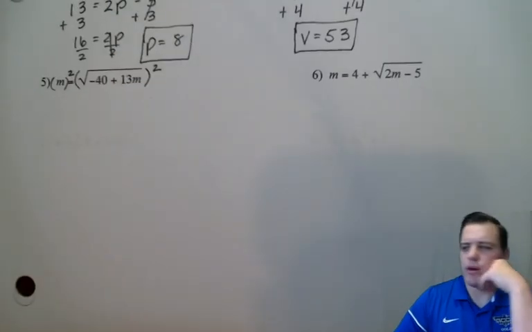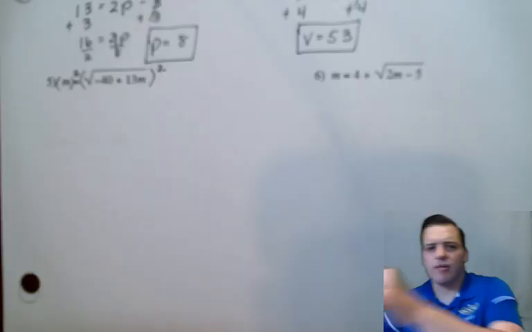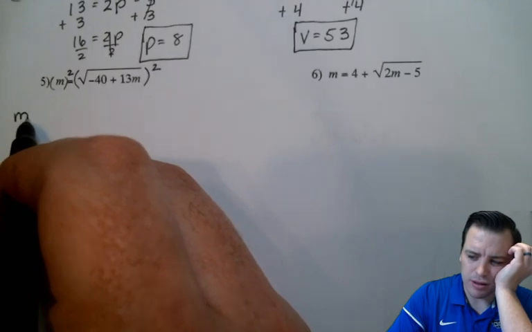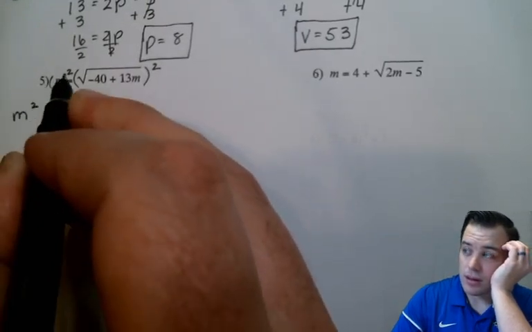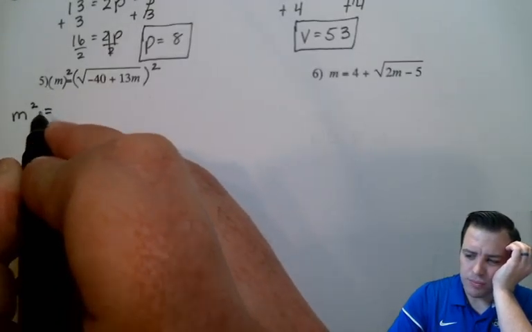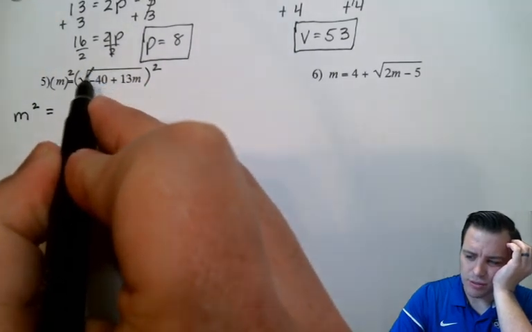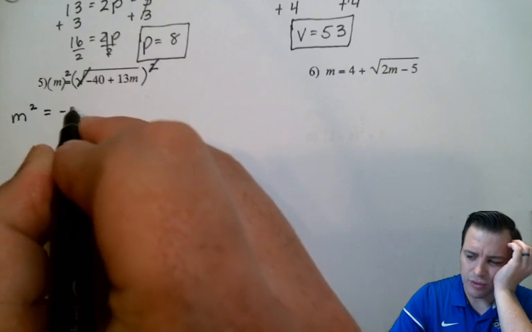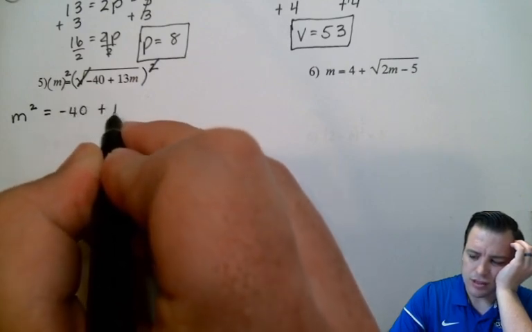So what I'm left with on the left side would just be m squared is equal to, and then watch this, the square root and the square cancel, giving me negative 40 plus 13m.